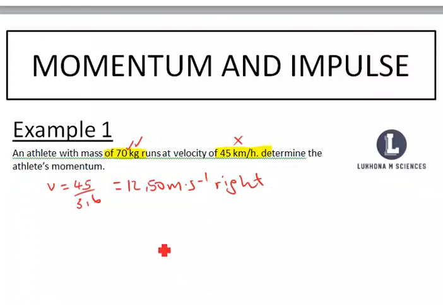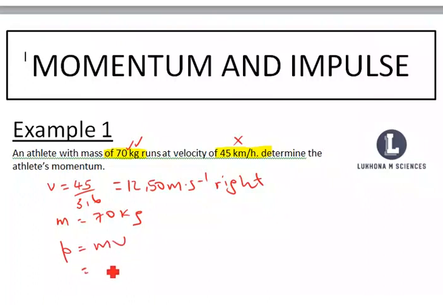Right? So we have the mass, which is correct. So the mass is 70 kgs. Then the question says determine the athlete's momentum. The momentum is represented by P. So small letter P is the momentum, which is equal to mv.